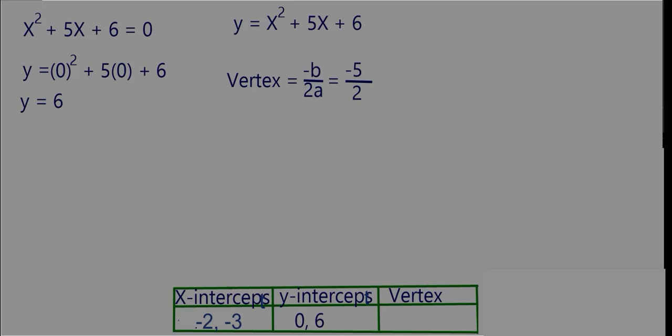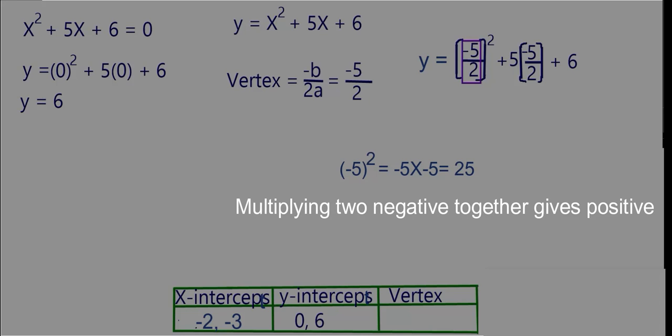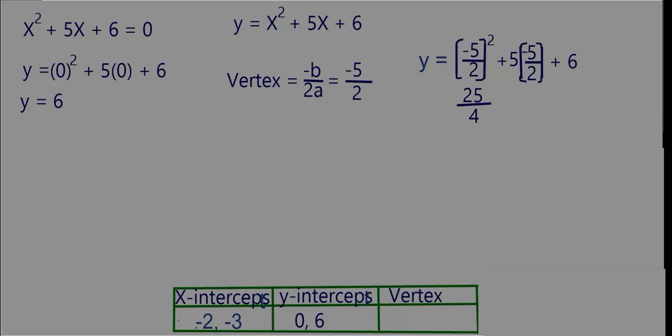To now find the y value of the vertex, we replace x with minus 5 over 2 in the original equation. Minus 5 raised to the power of 2 is 25. 2 raised to the power of 2 is 4. So that's 25 over 4. 5 times minus 5 over 2 is equal to minus 25 over 2.